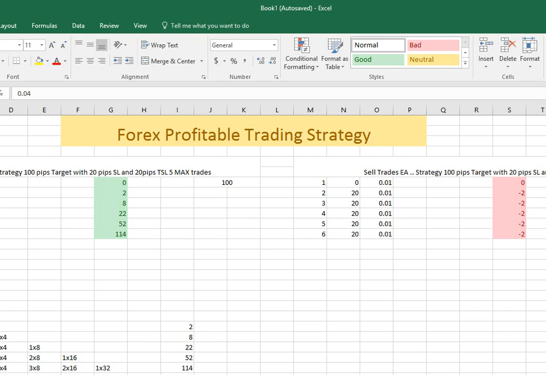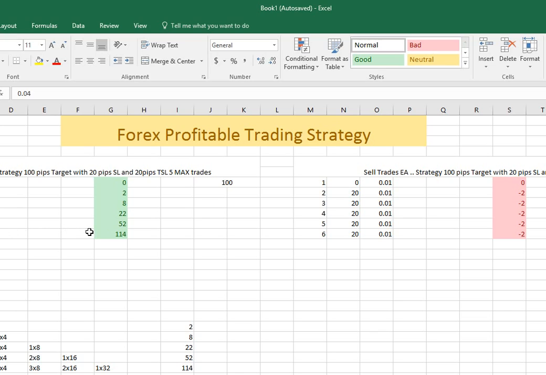Similarly, after every 20 pips the market goes in our favor, we place another trade with double the lot size. That's how we continue placing our trades.